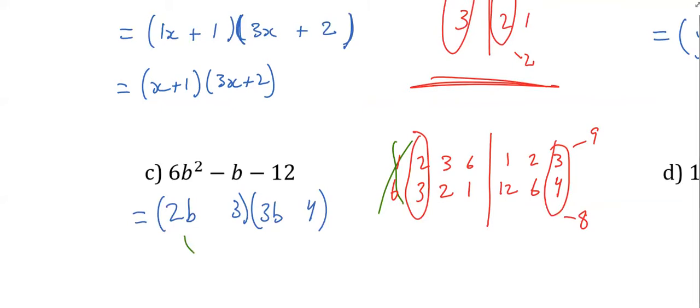And it's going to be 2b times 4 and 3 times 3b. So 3 times 3b is 9b. And then 8b. And I need the 9 to be negative. So that it's -9 plus 8 gives me -1. So this is where I got 9 from. So I put it on that one. And this one's going to be positive.